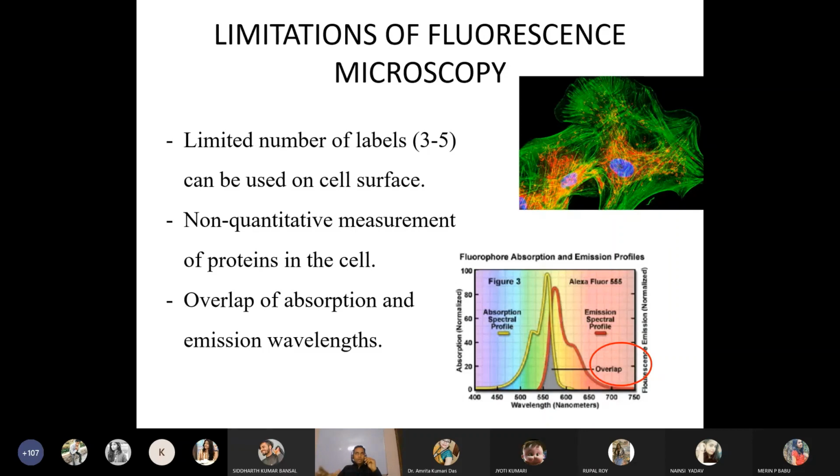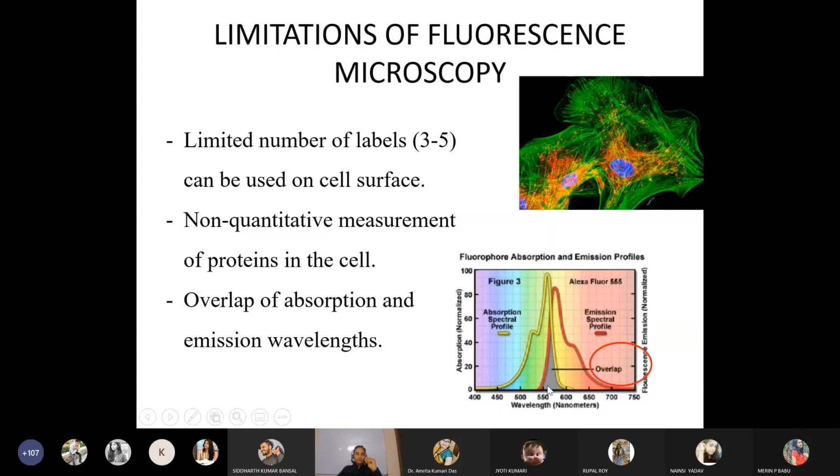What if we are trying to scan the cell membrane, which consists of hundreds of proteins, and you want to scan each and every protein separately? What will you do? You have a limited number of labels, only 3 to 5. So how are you going to tag each protein of interest with 3 or 5 fluorescent tags? This is a problem.